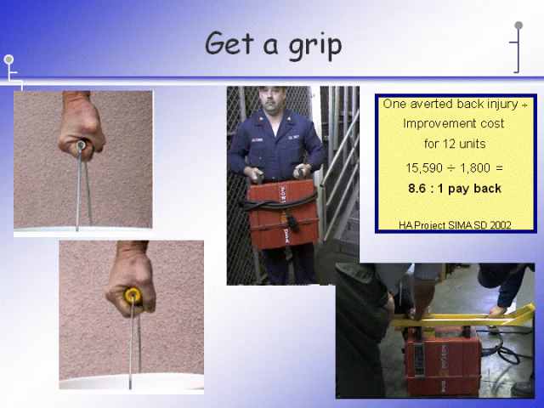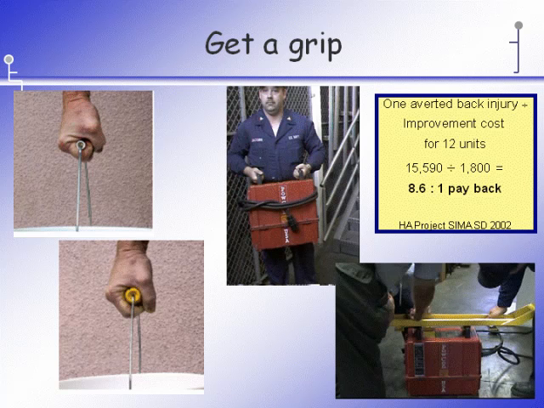And our really quick return on investment ratio there, now this was in 2002, the average cost of a back injury was $15,590. We divided that by the cost to make 12 of these, which is $1,800, and our payback ratio is 8.6 to 1.